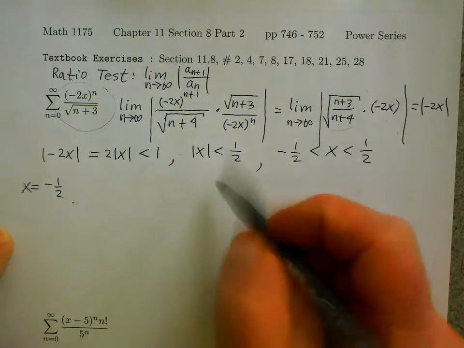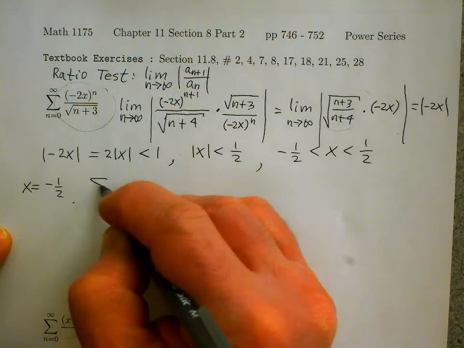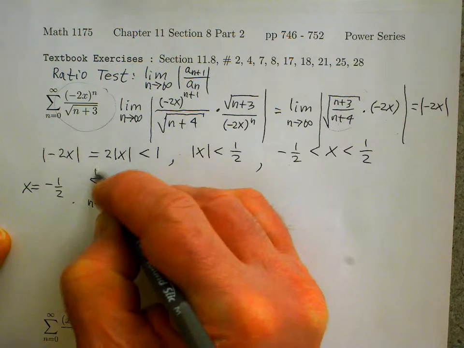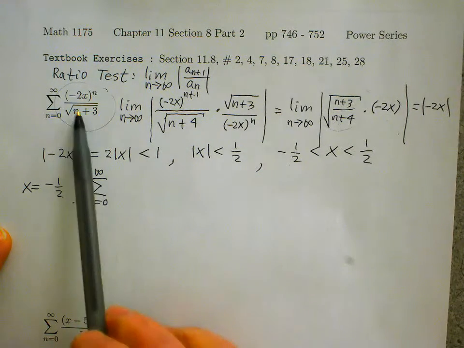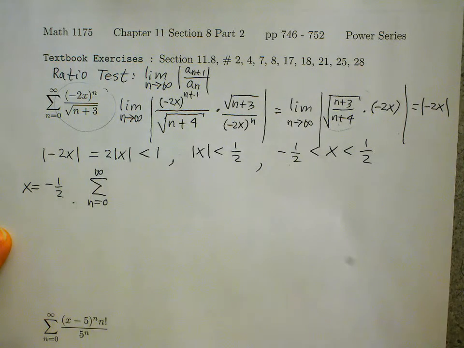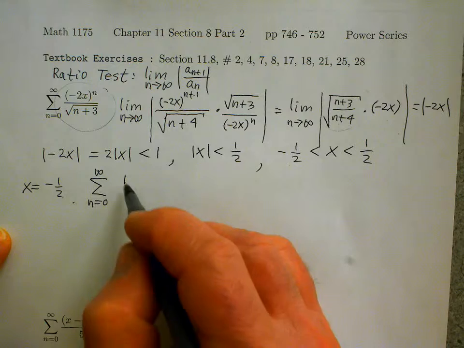In the original series, just replace x with negative 1/2. So negative 2 times negative 1/2 is positive 1 to the n, and 1 to the n is always 1.